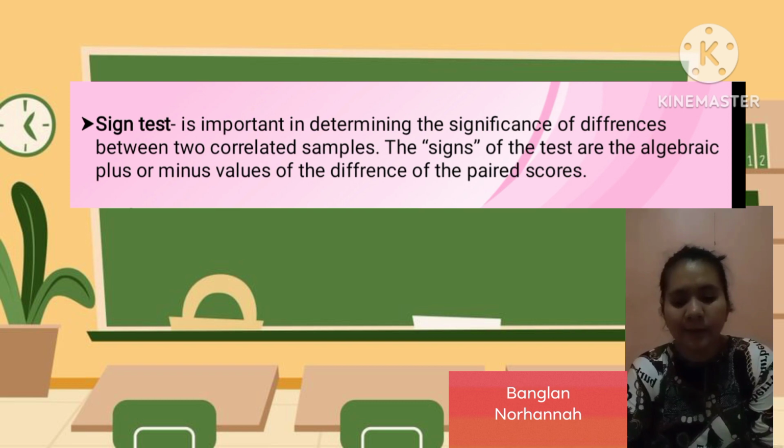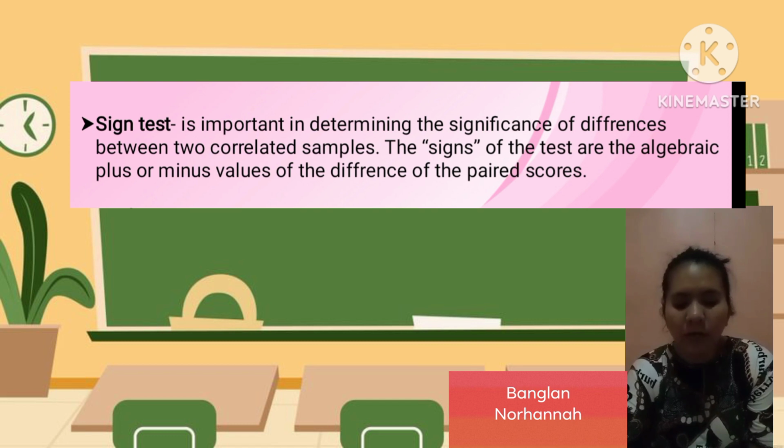Sign test is important in determining the significance of differences between two correlated samples. The signs of the test are the algebraic plus or minus values of differences of the paired scores. The sign test is a statistical method used to test for consistent differences between pairs of observations.